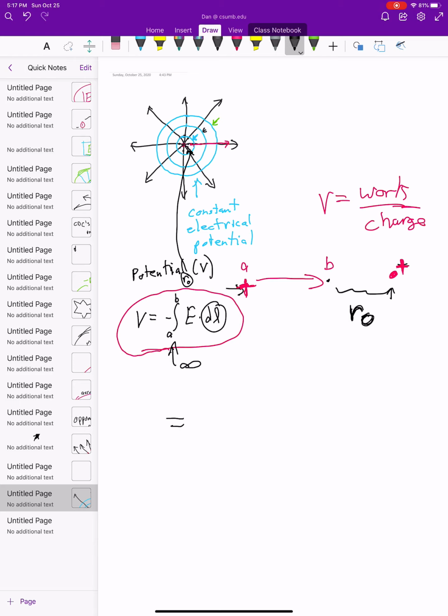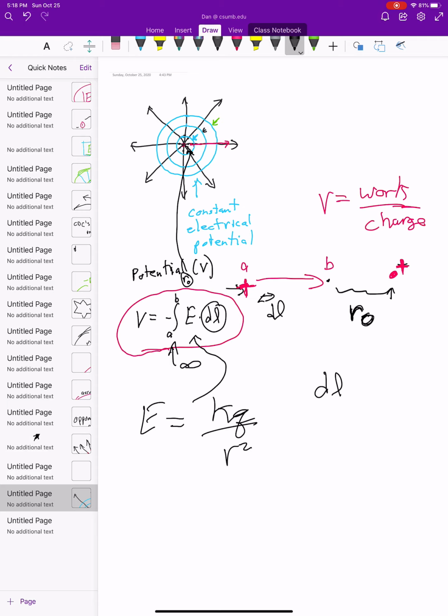All right, so I'm going to plug in the expression for the electric field. It's equal to k times q divided by r squared. I'm going to plug that into this right here. And this dl refers to each little element of distance that I'm having to push this charge up that hill.